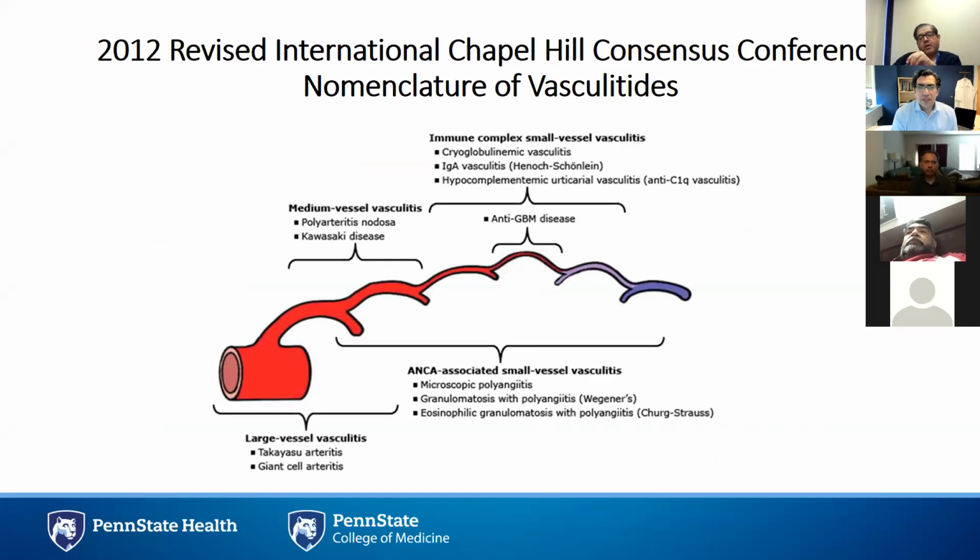So this is some nomenclature and a big picture view of the 2012 revised Chapel Hill Consensus Conference classification of all these vasculitides. Either this is the large vessel vasculitis, you remember Takayasu's and giant cell, or it goes to the medium size, so this is PAN or Kawasaki's disease. When you keep going down to the smaller vessels, either there are immune complex small vessel vasculitis or ANCA-associated, the pauci-immune small vessel vasculitis.